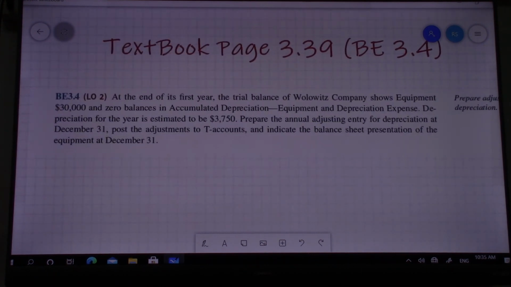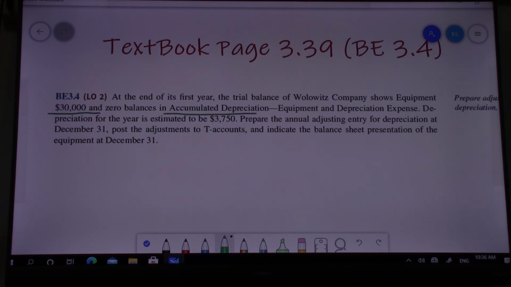Okay, the second brief exercise, 3.4, which is also in the textbook, page 339. At the end of its first year, the trial balance of Wallwood's company shows equipment $30,000 and zero balance in the accumulated depreciation for the equipment.